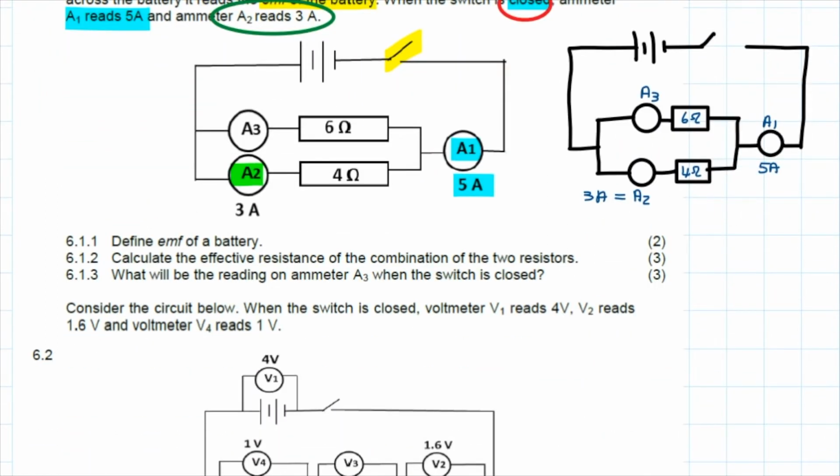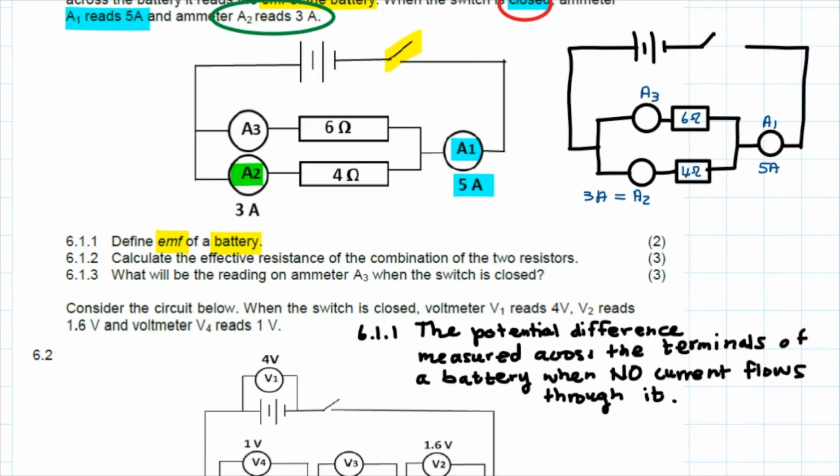Now, question 6.1.1 says, define the term EMF of a battery. We say that the EMF is the potential difference measured across the terminals of the battery when no current is flowing through the circuit. The fact that there is no current flowing through the circuit is very important to mention.